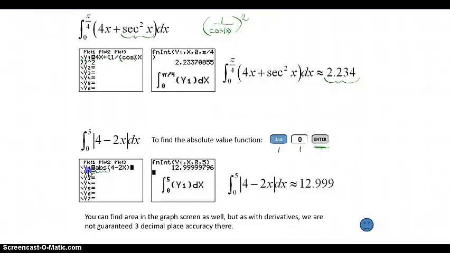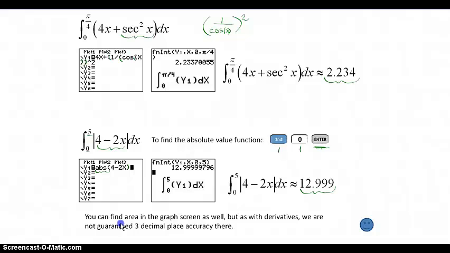So make sure you have pulled up your Y equals tab, then hit these buttons, and you should see ABS and open parentheses when you get that done. You enter 4 minus 2x, remember to close the parentheses, and then go through the steps in the process for getting the definite integral evaluated from x equals 0 to x equals 5. And you should, accurate to 3 decimal places, get this for the answer.